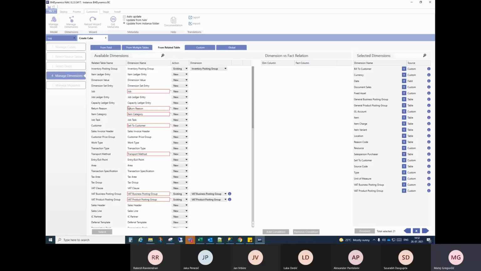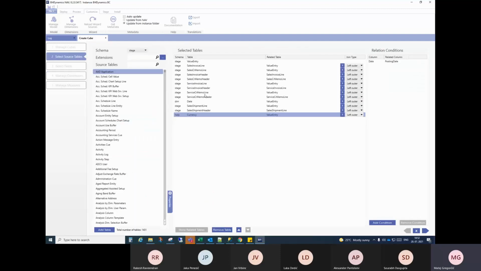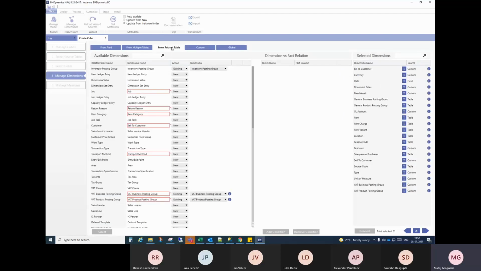Again, you don't need to select all the tables that you will use in the project, because if you have built a data warehouse before, you know that at first you need to select all the tables that you will use. With BI4 Dynamics, you select the base tables, whichever there are, and the rest of them you can add through the user interface. So it makes it even easier for you.